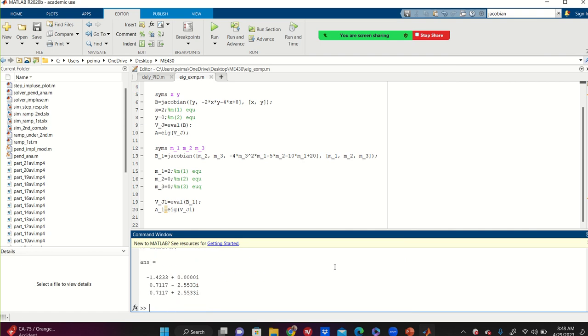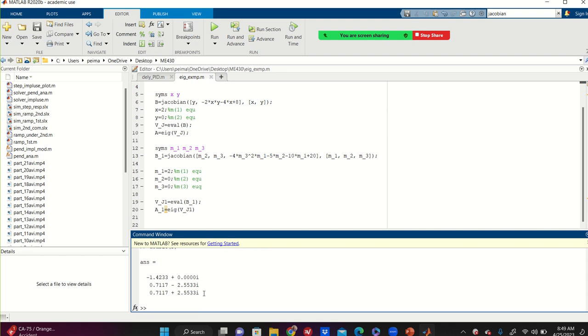Guys, look at this. These are the poles of the system. Do you see this? Look at the numbers. Now look at the Jacobian of the system. This is the Jacobian, this is the poles. What do you see?